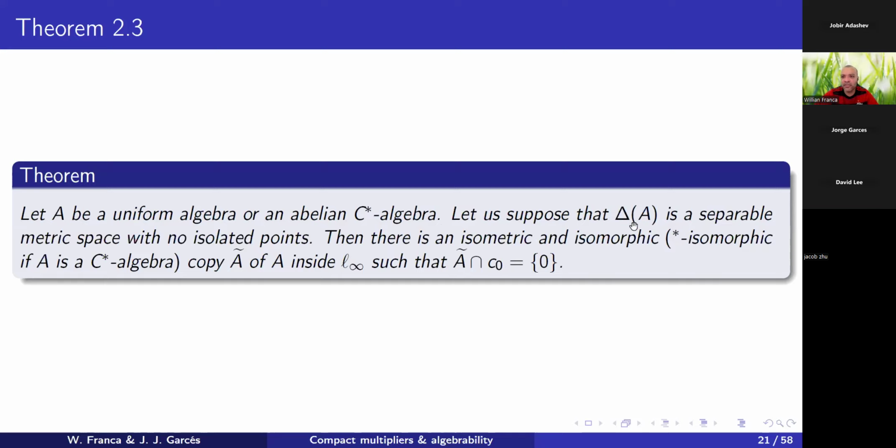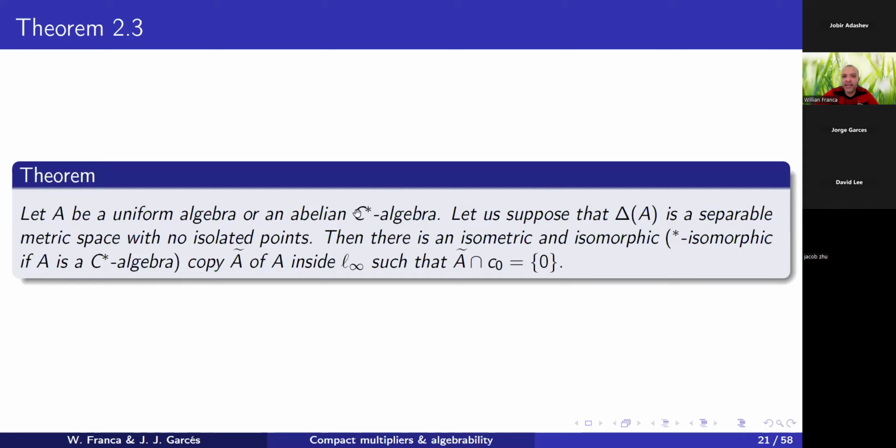Let's suppose that its spectrum is a separable metric space with no isolated points. In this scenario, we can show that there is an isometric isomorphic copy of A inside of L infinity, where the intersection of this copy with C0 is only 0.